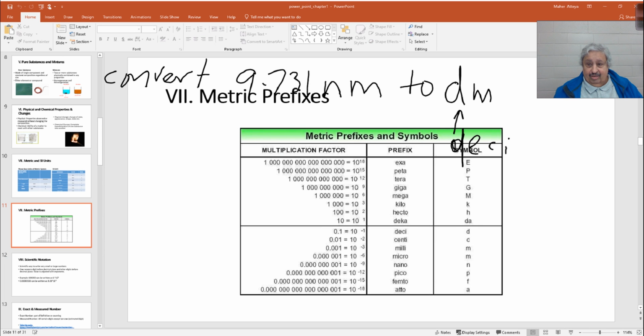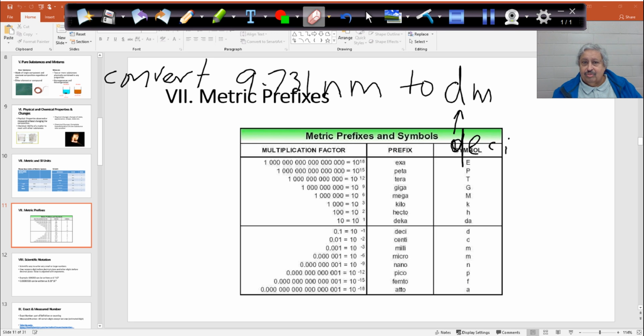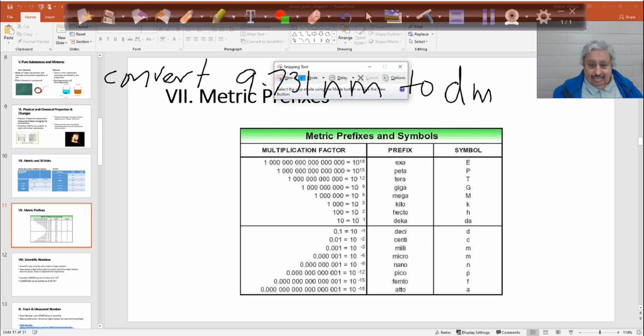Let's take the dc out of the way, so I can put this one here so you can follow me. So let's take the dc out. That's a dc, correct? But I'm using my snipping tool. Remember the snipping tool at the bottom to snip this chart here, which is very important to us.